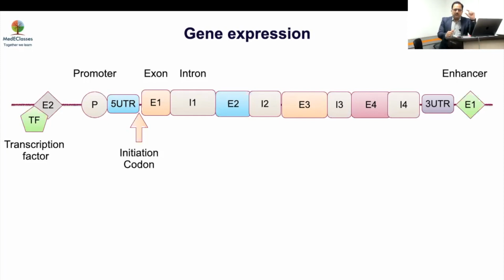The promoter has to be very close to that particular gene. The enhancer can be on either this side or that side. It can be very far off also. But the promoter is very close, and you need to have the promoter working to have gene expression. No promoter, no gene expression. But with no enhancer, you will still have a gene which is working.